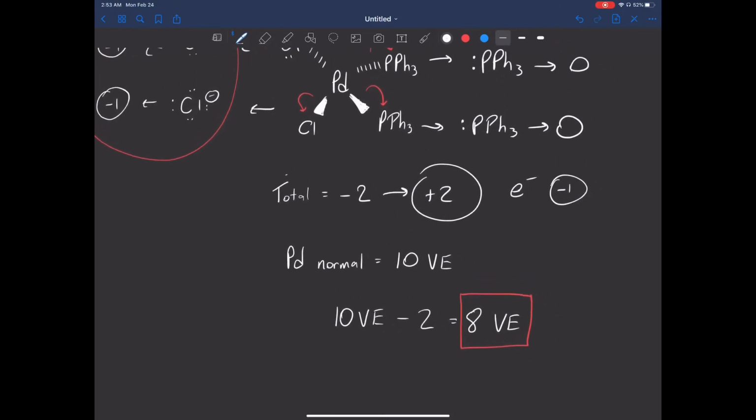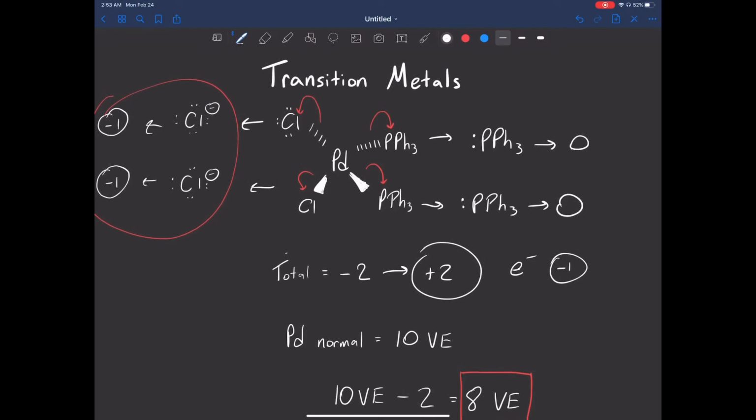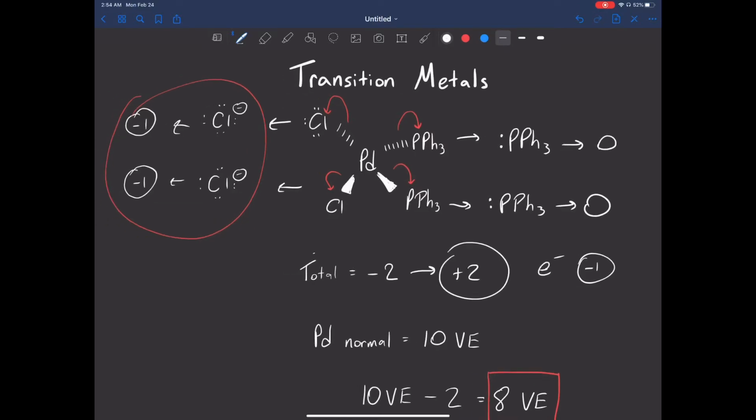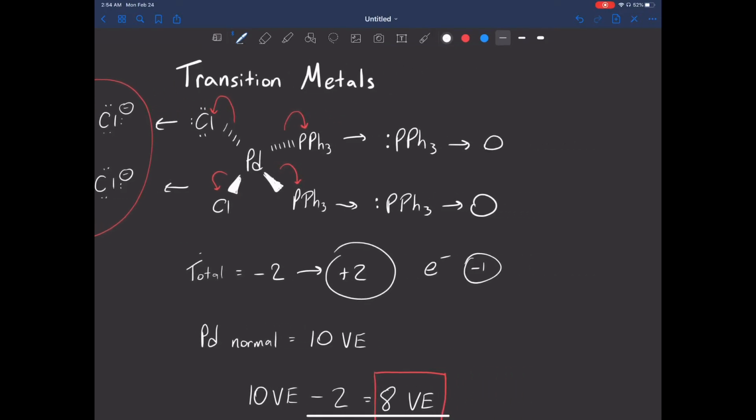So just to reiterate, if you're ever asked for the oxidation state or the valence electrons of your metal, what you have to do is break the bond of all the ligands and look at the formal charge. Our neutral ligands don't contribute any change in the oxidation state. The only thing they contribute is electrons.